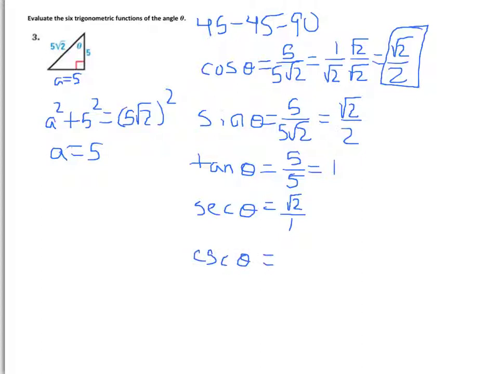Well, cosine and sine are equal to each other, so it's also square root 2 over 1. Or you could have just said square root 2 for both of these. Cotangent, what's the reciprocal of 1? Well, it's still 1. Okay, so there we go. There's the basic 6 trig functions.